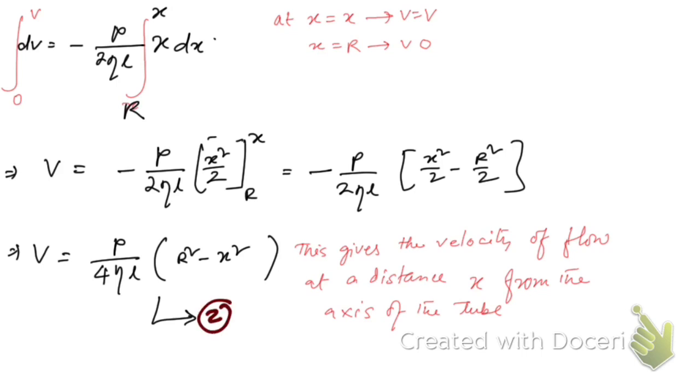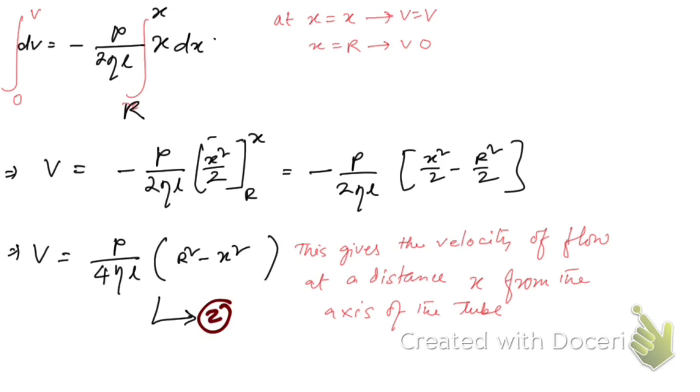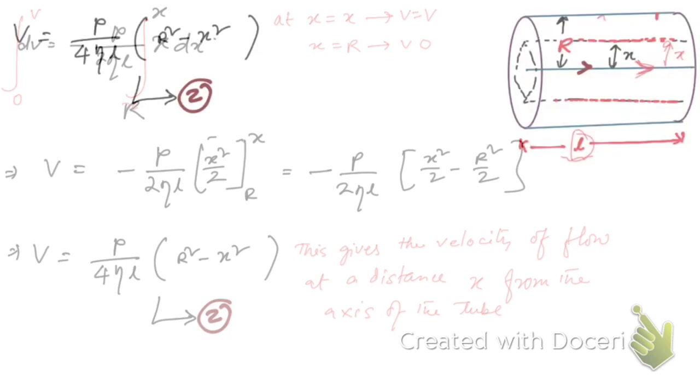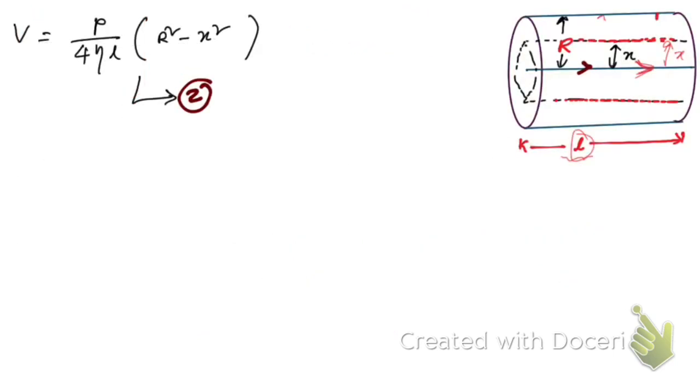Now you see, let me draw the diagram again. Let me take a new slide. Okay, so here is the diagram. And what was the last step we have got? This is equation number 2, the last equation we have got. Now let me consider another layer just above the layer that we have considered earlier.